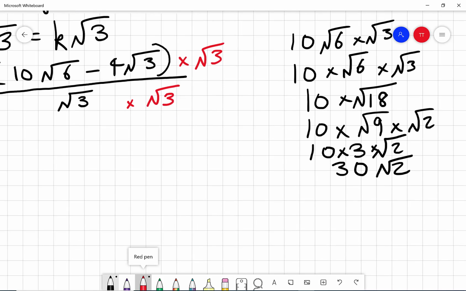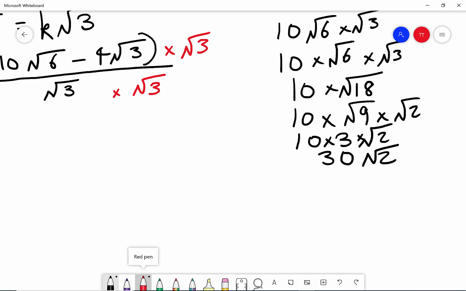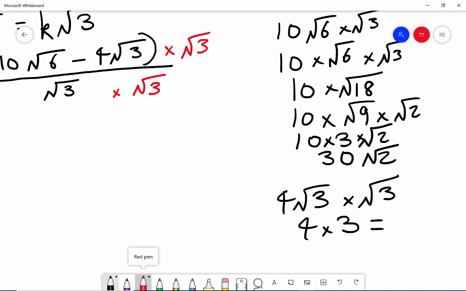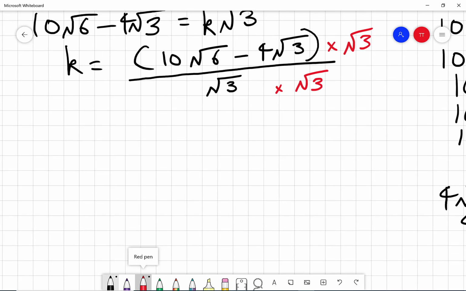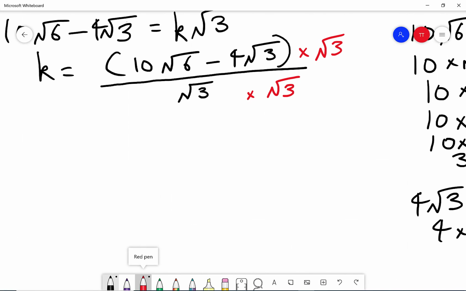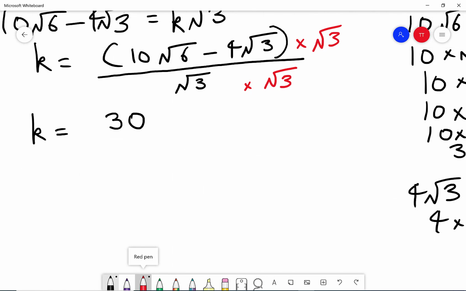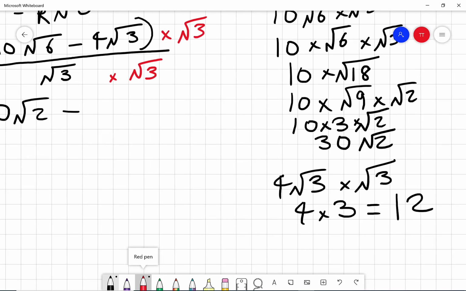So now we want to do 4√3 times √3. So 4 times, well, √3 times √3 is simply 3, and that's equal to 12. So now we can say that k is 30√2 minus 12.